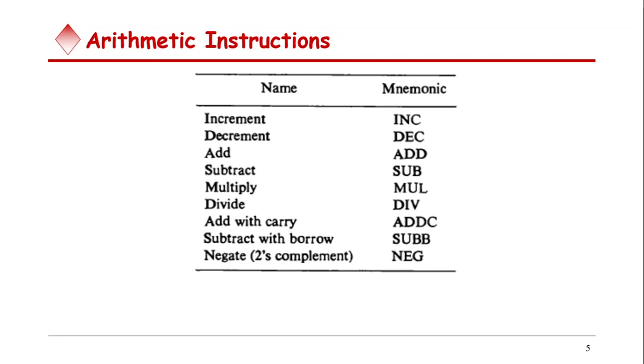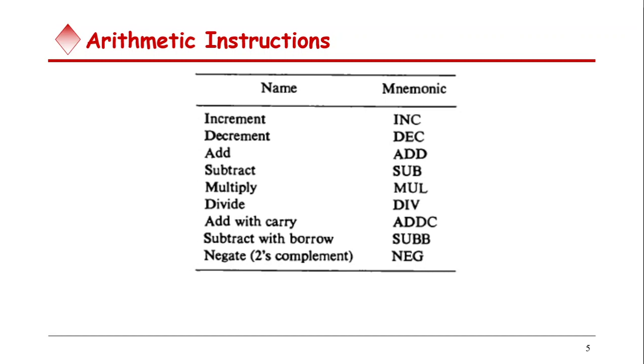Similarly, there is another instruction, that is add with carry. A special carry flip-flop is used to store the carry from an operation. So the add with carry instruction performs the addition on two operands and the value of the carry from the previous computation.